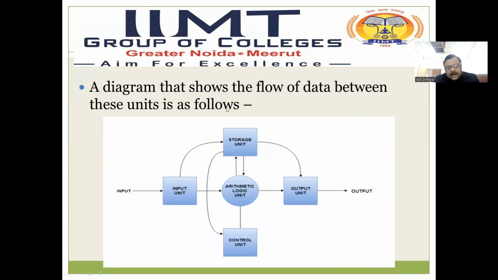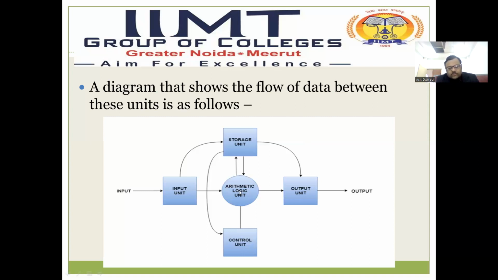This diagram shows the flow of data between these units. This one is the input unit. The input unit takes data from the outside world in human acceptable form. Then the input unit will transfer that data to the storage unit, arithmetic logic unit, and control unit.